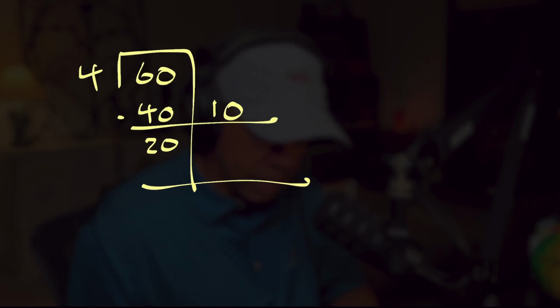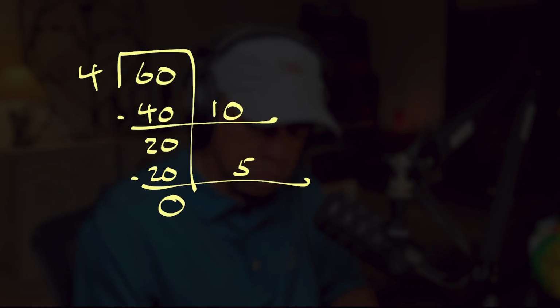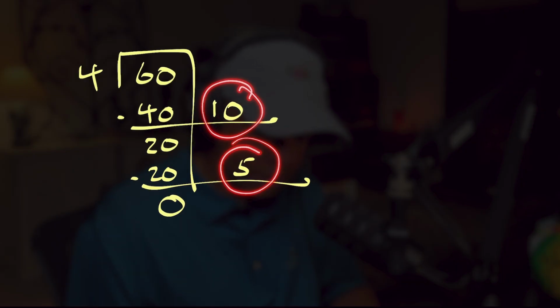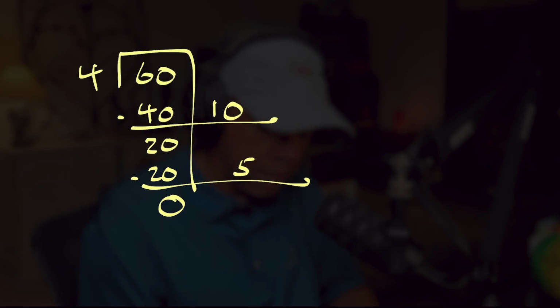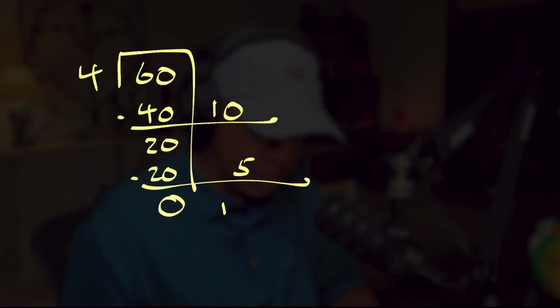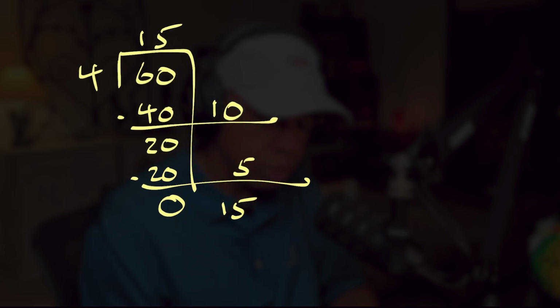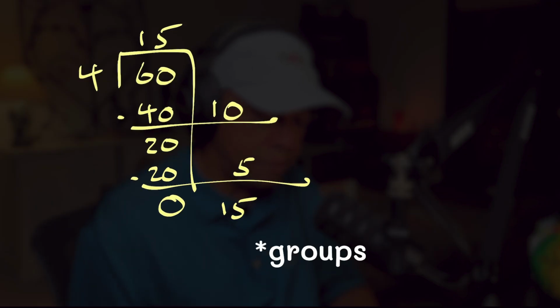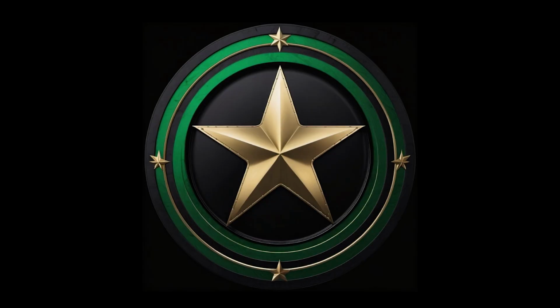I know that I have to pass out groups of 4. Well, if I have 5 groups of 4, that's going to give me exactly 20, and I've passed everything out. Over on the right, I have the number of groups of 4. If I simply find the sum of those two, that's going to give me a sum of 15. My quotient goes right up here, and there it is, 15 items.